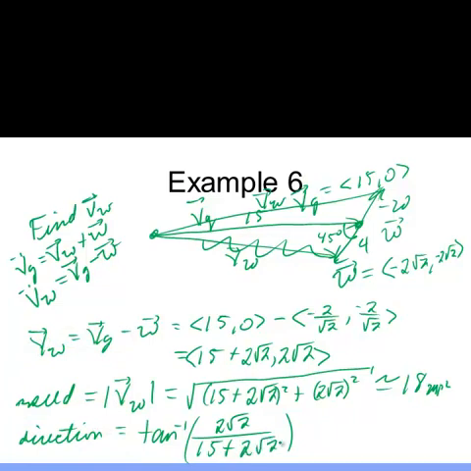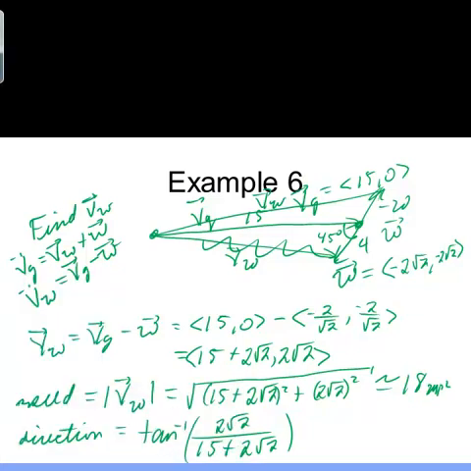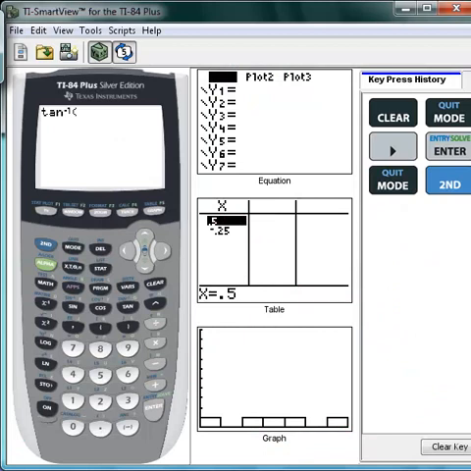Now let's go ahead and calculate that angle. Okay, now we have 2 times the square root of 2.